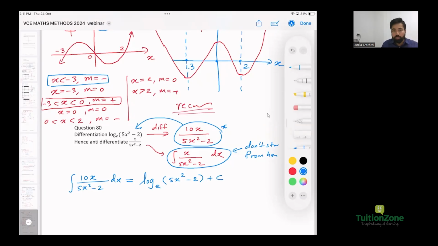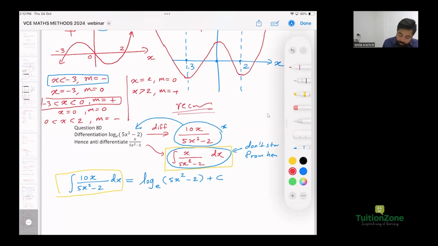Is that true, all of you? Then compare. This is what we did. That's what they're asking. Are they same or different? They're different. What's the difference? They're asking x over. We got 10x over. How do you remove the 10? Divide everything by 10.